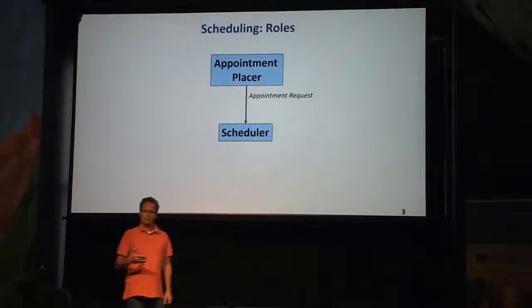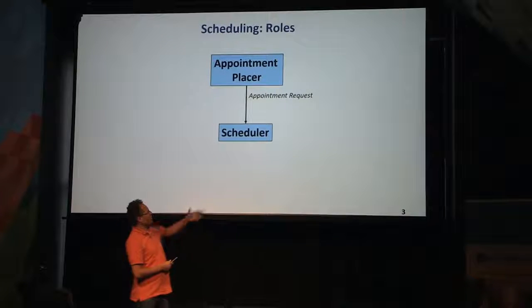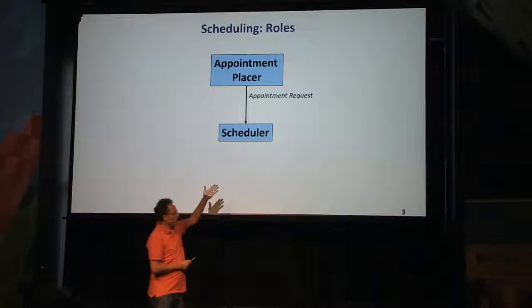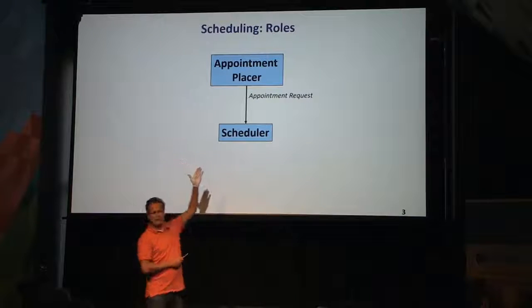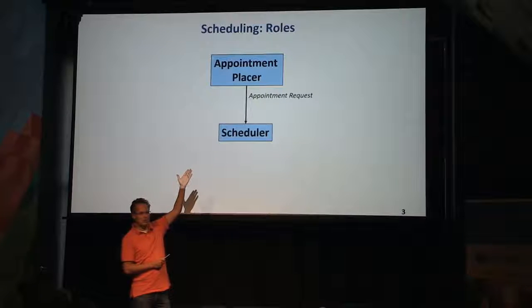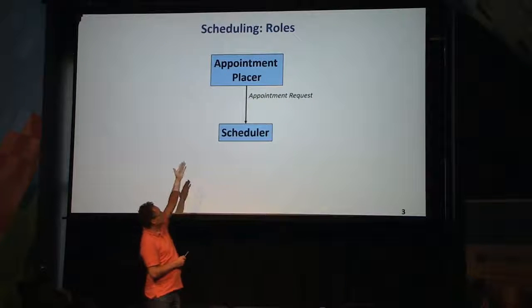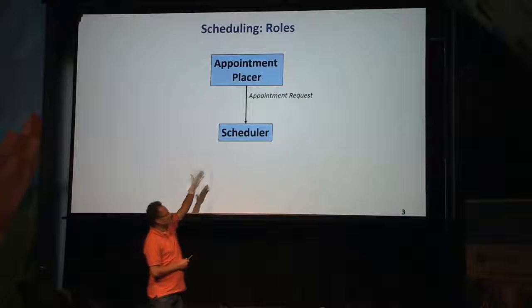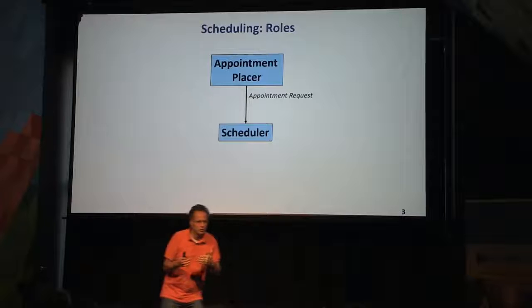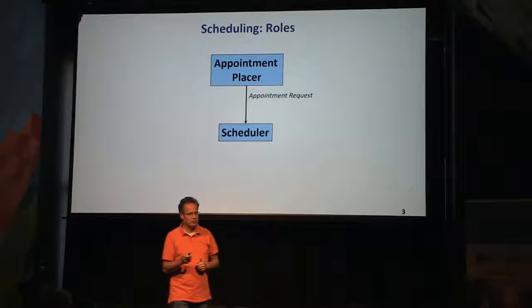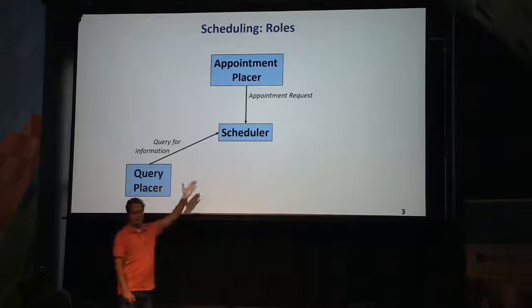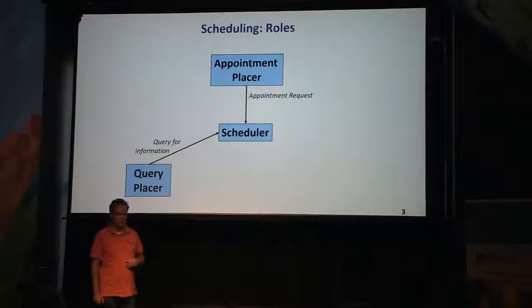Obviously, what we have to do is to support the workflows around scheduling. And that's, first of all, an appointment placer, some software application that has the capability to place an appointment, create a new appointment, and send that appointment request to a centralized scheduler, who may or may not agree with that particular request. And we need to have the functionality to query the scheduler for information.